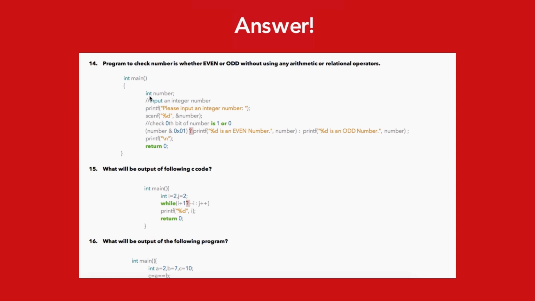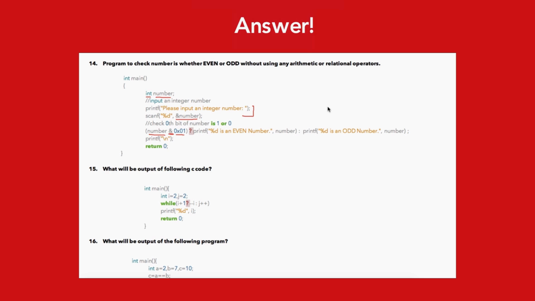Time's up. Here is the answer. So int number is the number that we are going to use. We are asking user to enter value of number and it will be stored at address location of number. And after that we have a statement over here where we are using binary AND operator on number and hexadecimal value 1.